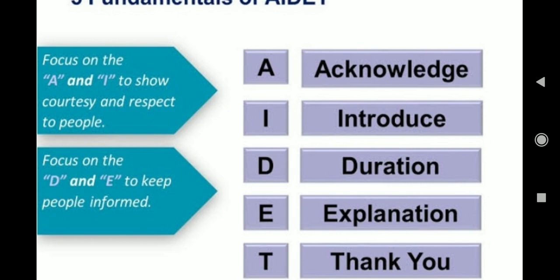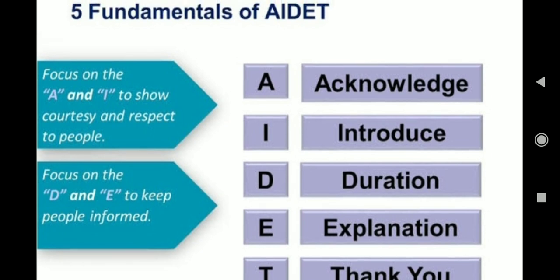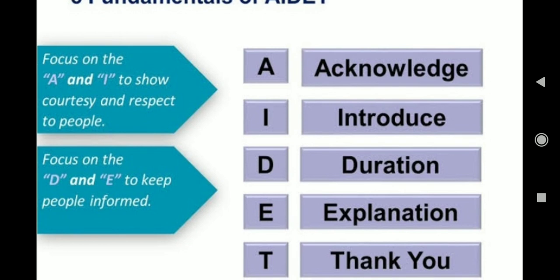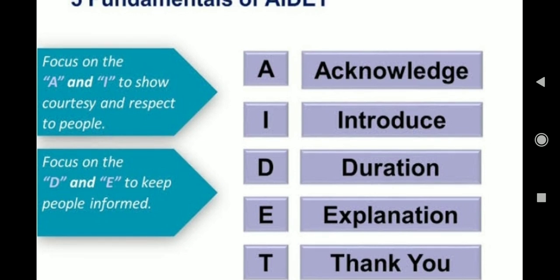So you should be able to tell the duration of time taken for the reports to arrive, or the duration of stay in the hospital. You have to build a rapport. So all these are communication skills. They are subtle things which nobody will teach in the medical field, which you should learn by experience. So this is D for duration.